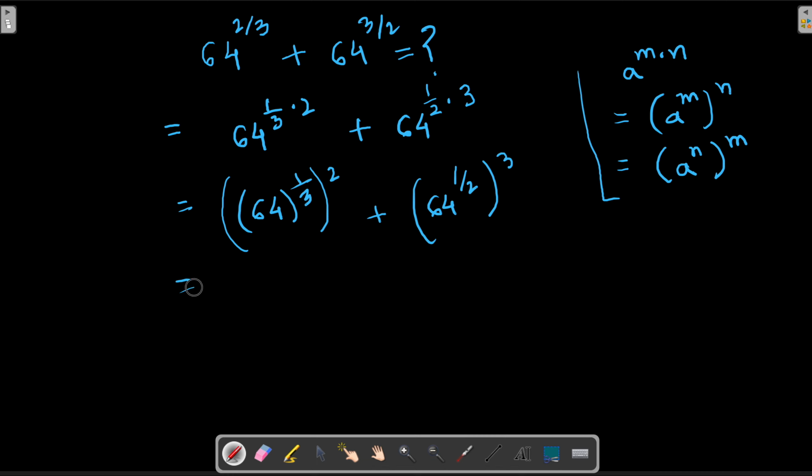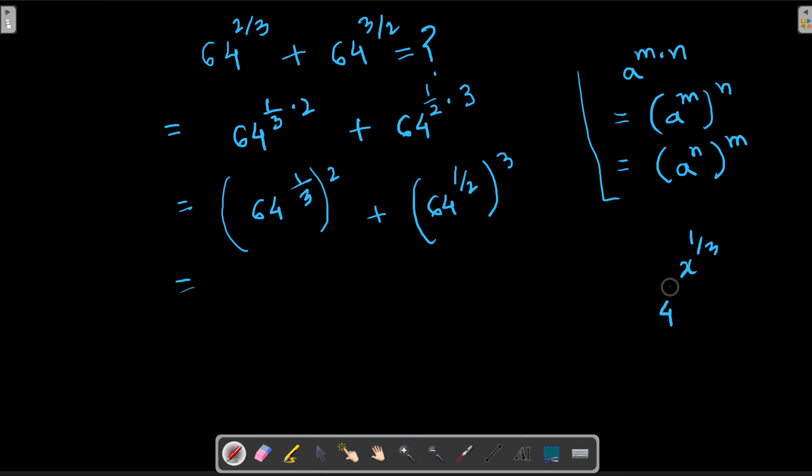Now what is this? I can also remove this bracket. So 64 to the power 1 by 3. What is 64 to the power 1 by 3? Any number to the power 1 by 3 means what? x is the cube of what? That is the question. So 64 to the power 1 by 3 means 64 is the cube of what?